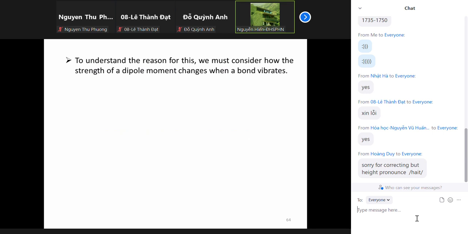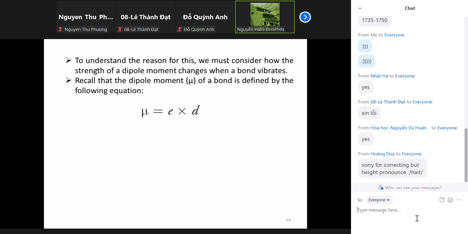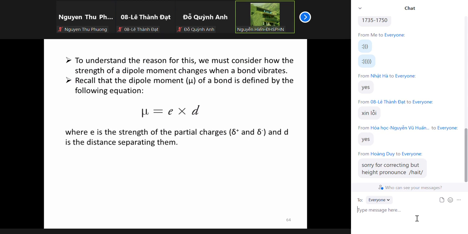So to understand why there is this difference, we must consider how the strength of a dipole moment changes when a bond vibrates. If you remember from organic chemistry 1, the dipole moment is a property of a bond, and it is defined by the charge multiplied by distance. The letter E in this case is the strength of the partial charges, delta plus or delta minus, and D is the distance between these two charges.